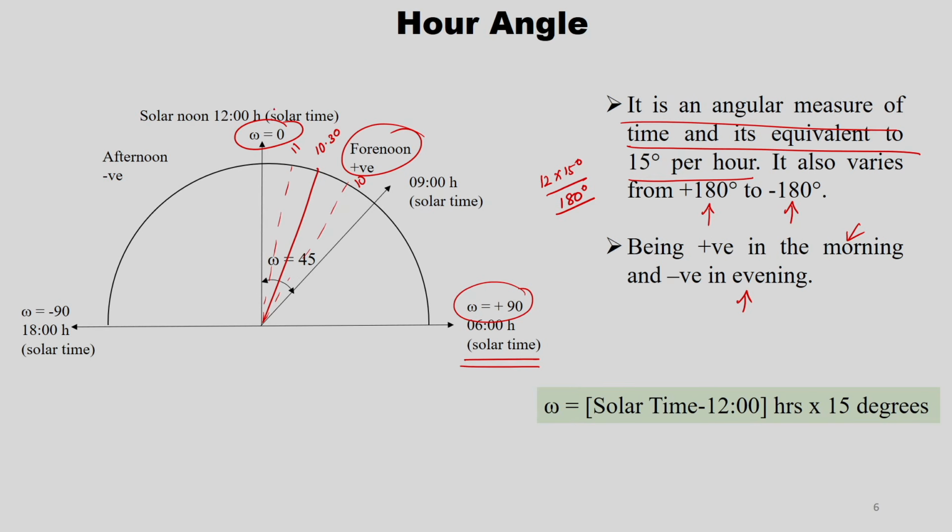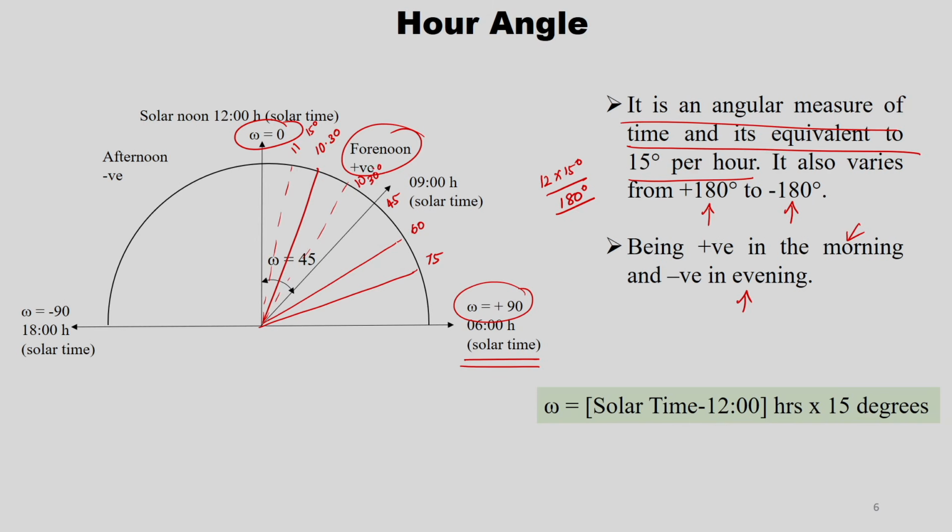So 12 hours is 0, 11 hours is 15 degrees, 10 hours is 30 degrees, and then 9 is 45, 8 is 60, 7 is 75 and then 6 is 90.